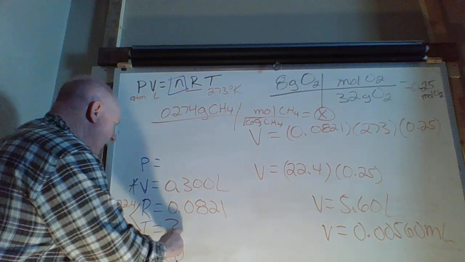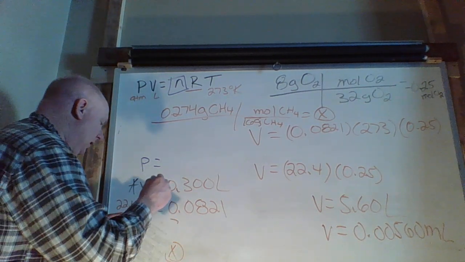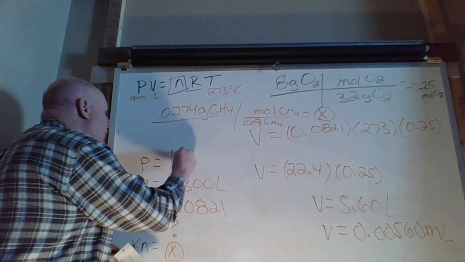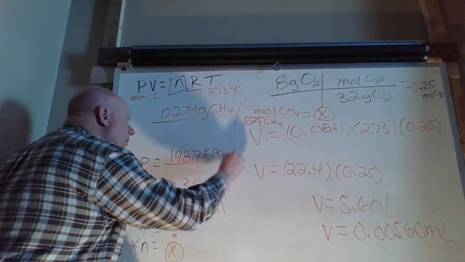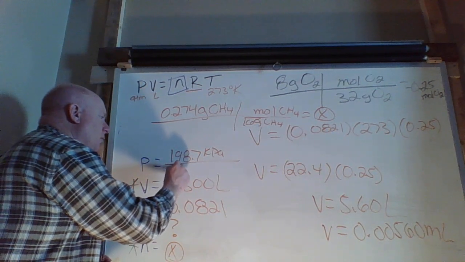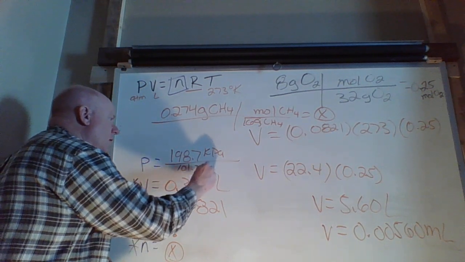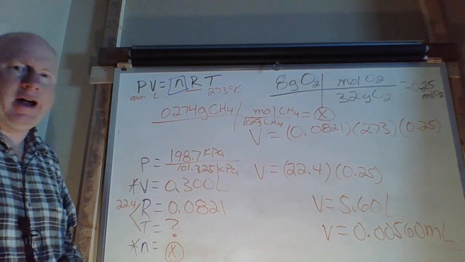And then it's asking for the temperature, but it also says your pressure is 198.7 kPa, and we know you need to convert that by putting that in atmospheres, which is 101.325 kilopascals will get you that variable into atmospheres.